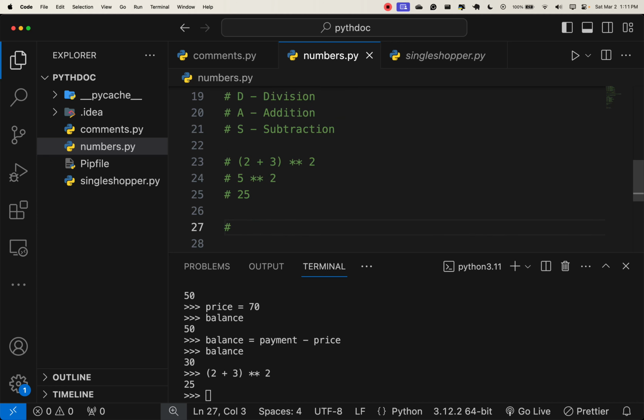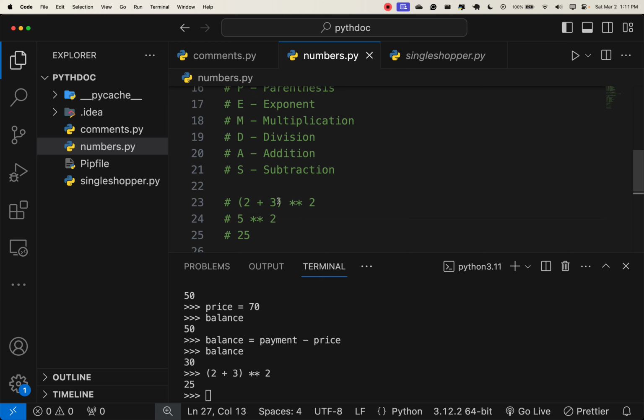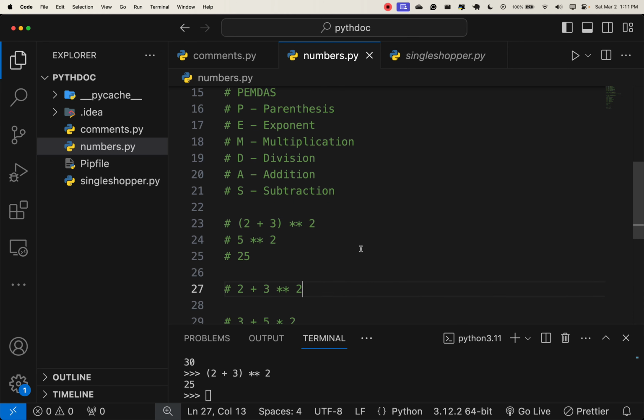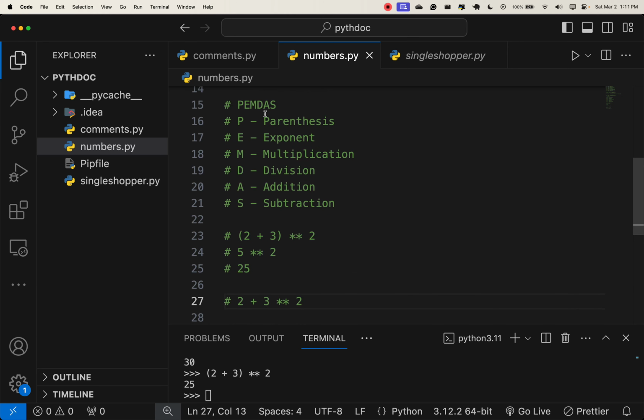How about if we have 2 plus 3, and we just have the exponent raised to power 2? What happens in this case? Let's look at the formula again, PEMDAS. Is there any parentheses here? No. Do we have exponents, going from left to right again? Oh, yes, we do.